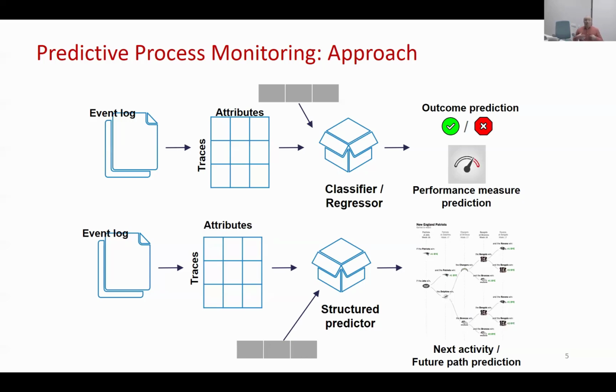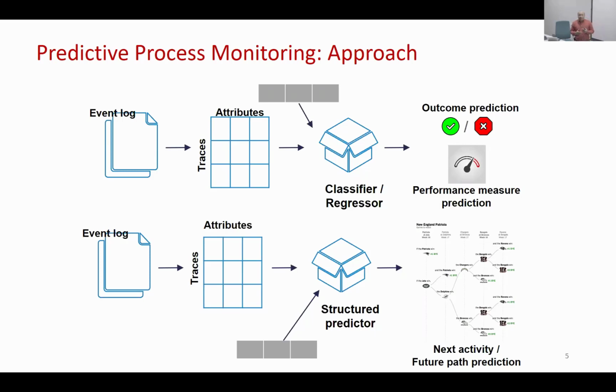If we are trying to predict a binary outcome, for example, we will use a classifier. If we want to predict the remaining time, or a numerical attribute such as the customer satisfaction score, we might use a regressor instead of a classifier, so an algorithm that predicts a number.